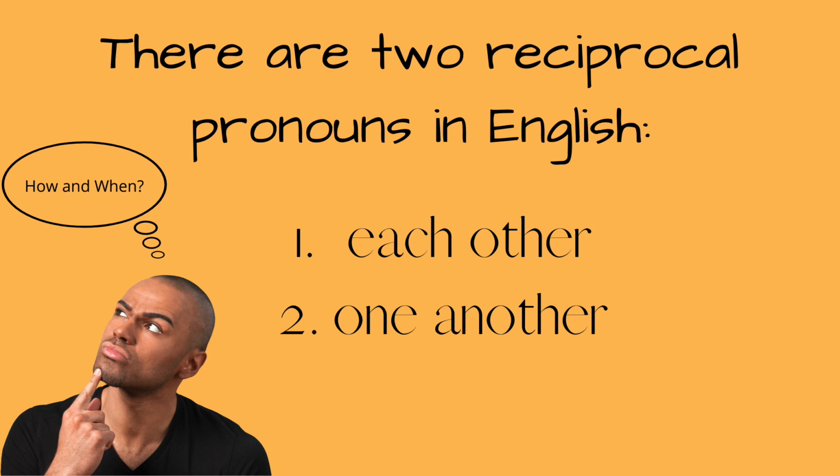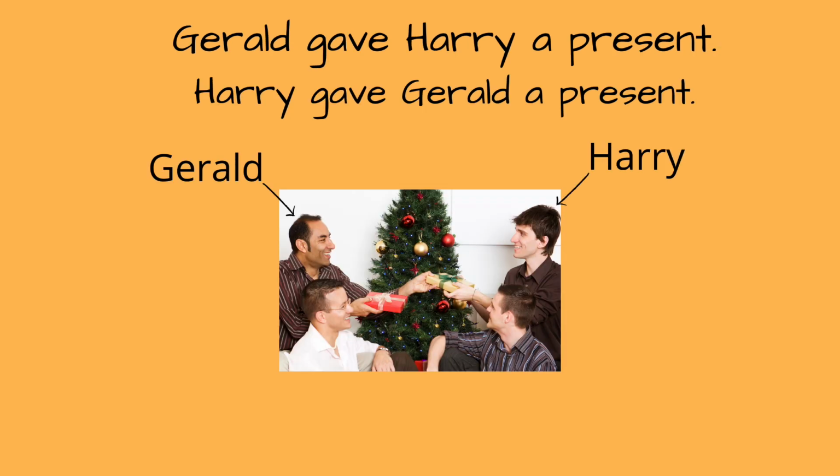Let's take a look at these two sentences. Gerald gave Harry a present, and Harry gave Gerald a present. The action of giving a present was done by both Gerald and Harry. And not only was this action done by both, but Gerald was the recipient of Harry's present.